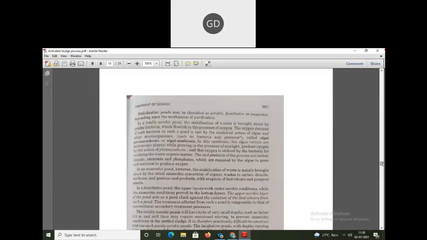The end products from this process are carbon dioxide, ammonia, and phosphate. These end products help the algae to grow and continue to produce oxygen.